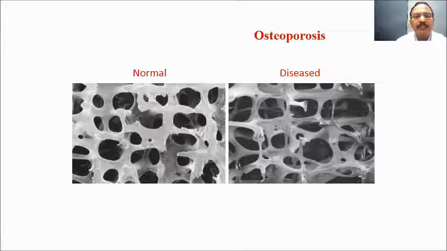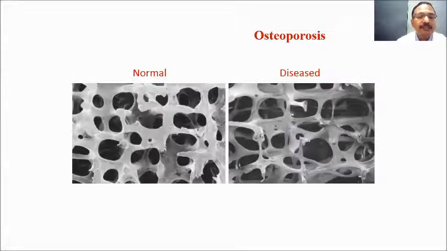Another condition affecting the bone is scurvy, a deficiency in the production of collagen fibers due to the deficiency of vitamin C. And there are other problems like osteogenesis imperfecta, which is a genetic disease.